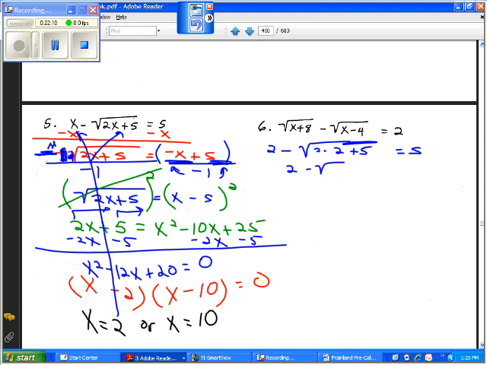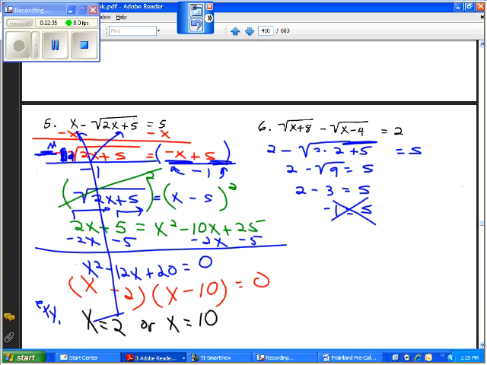So 2 minus square root 9 equal 5. So 2 minus 3 equal 5. So negative 1 equal 5, which is not true. So we have to cast that out as an extraneous solution. 2 times 2 is 4 plus 5 is 9. And then square root 9 is 3.